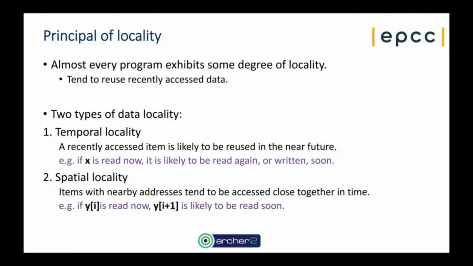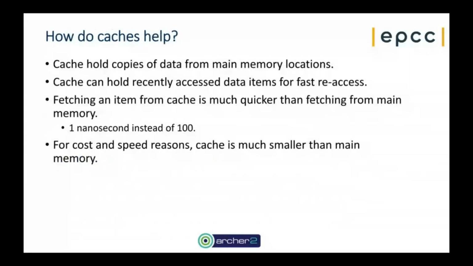As I said, caches generally work on the principle of locality, so temporal or spatial locality. What happens is, when data is loaded into the processor, it first gets loaded into the cache, and you don't just load the data item you need, you load a whole cache line, which is generally sort of 16 data items or 32 data items.